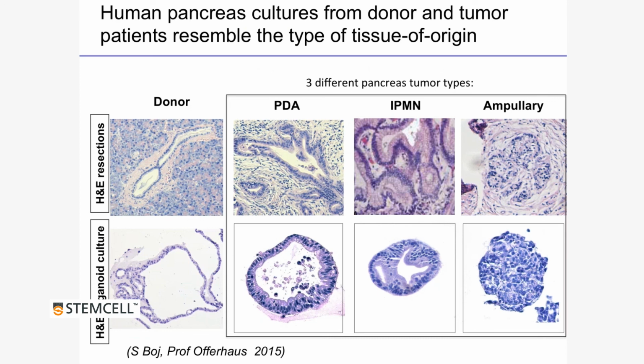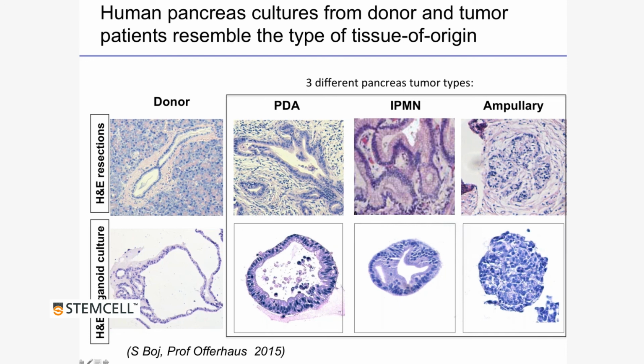Pancreas cancer is mainly pancreatic ductal adenocarcinoma, but there are other types of pancreas cancer, and we were lucky enough to have different types. Here we have a classical pancreatic ductal adenocarcinoma. This is the classical histology. We have an IPMN, which is a mucinous type of pancreas cancer, and an ampullary tumor.